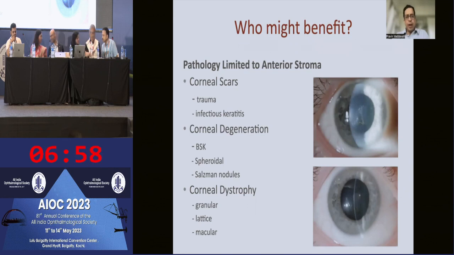But in general parlance, SALK refers to surgeries that are limited to the anterior 300 microns of the corneal stroma. So it is beneficial for people who have pathology in the anterior 300 microns of the corneal stroma. This includes corneal scars, degenerations, and some dystrophies as well.